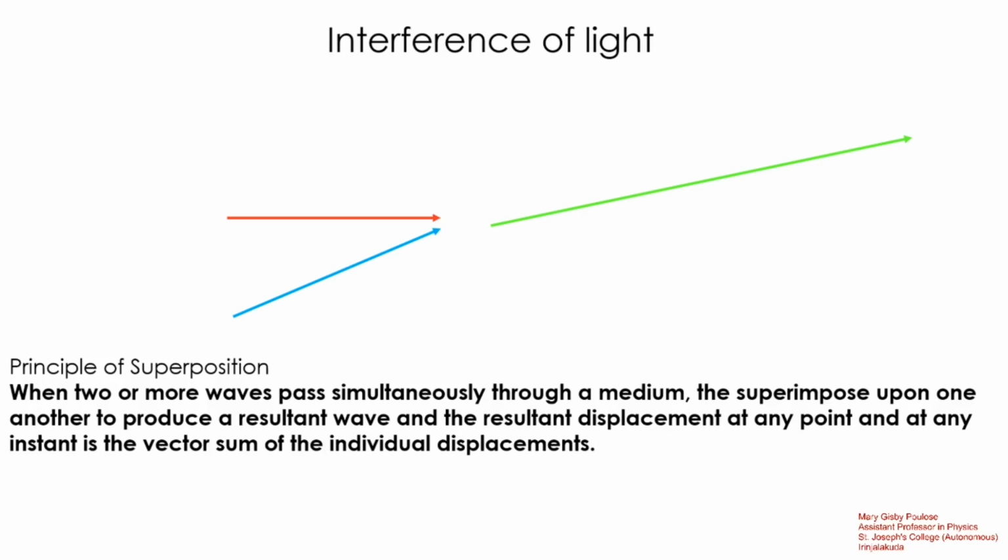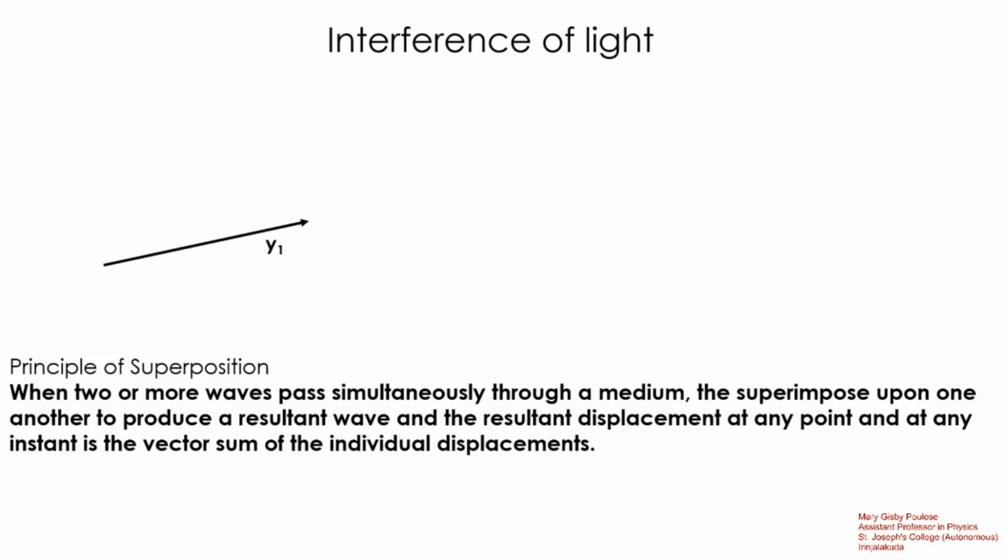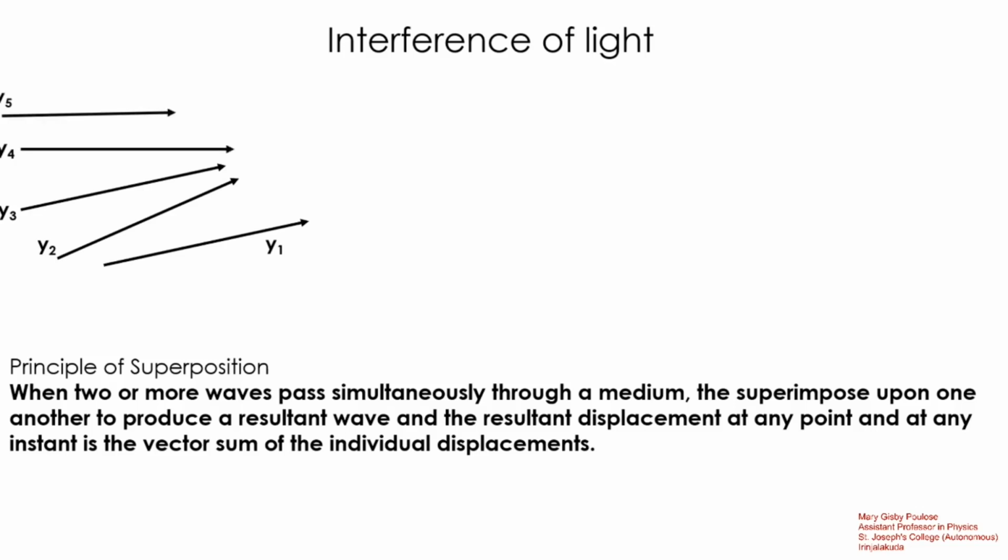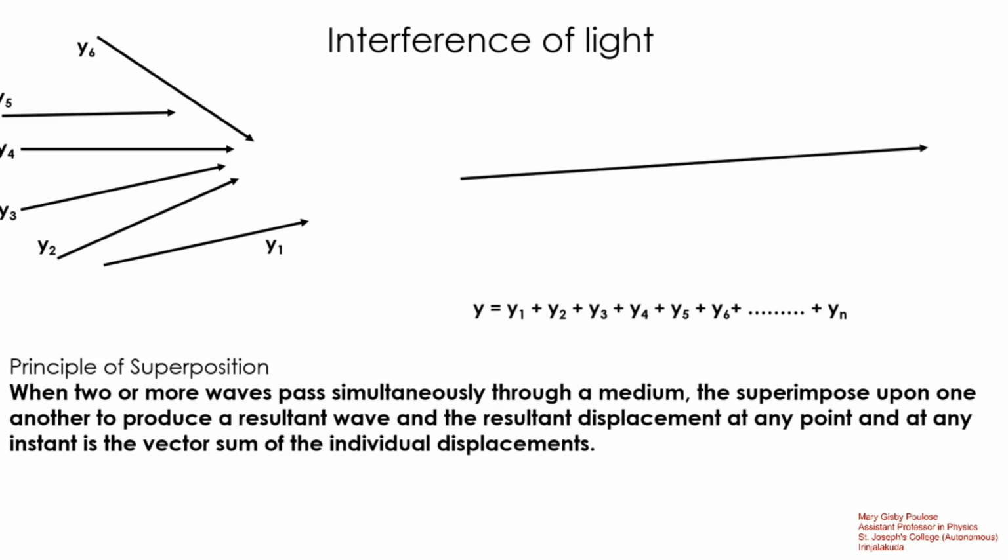If we consider two or more waves, let us have a wave y1, another wave y2, y3, y4, y5, y6, and let them all coincide upon each other. Then we get a resultant wave given mathematically as y1 plus y2 plus y3 plus y4 plus y5 plus y6. And if we have n number of waves, the vectorial sum of all these waves gives the resultant displacement of the resultant wave.